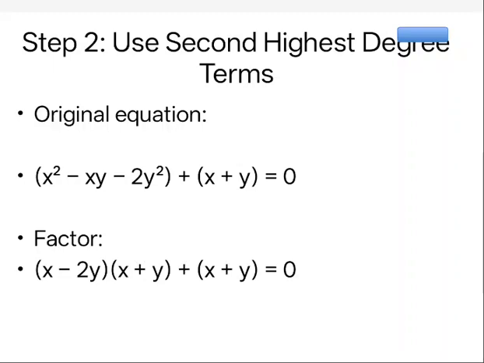Now, the original equation is x square minus xy minus 2y square plus x plus y. Factoring out, we get x minus 2y into x plus y plus x plus y.